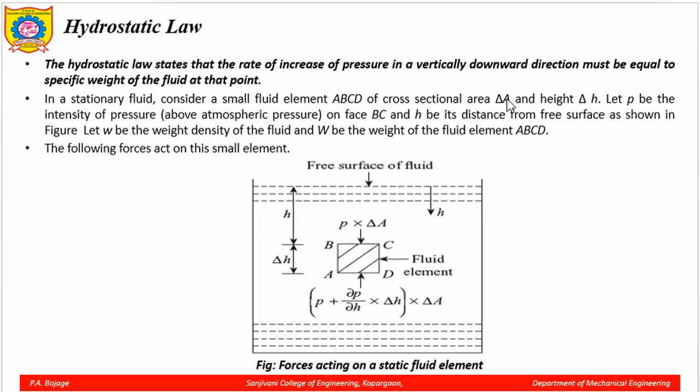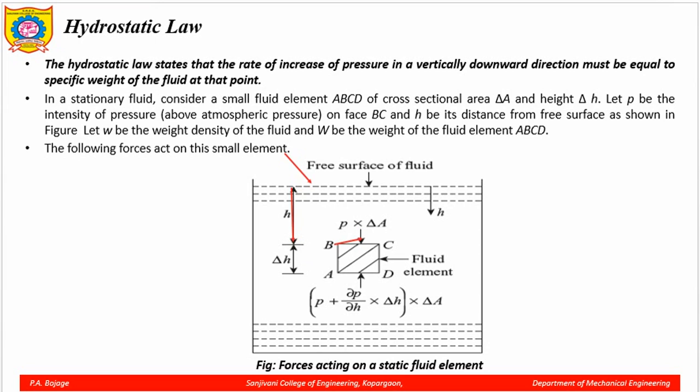Now, to understand this, we have to study this fluid element which is at a distance from the free liquid surface.